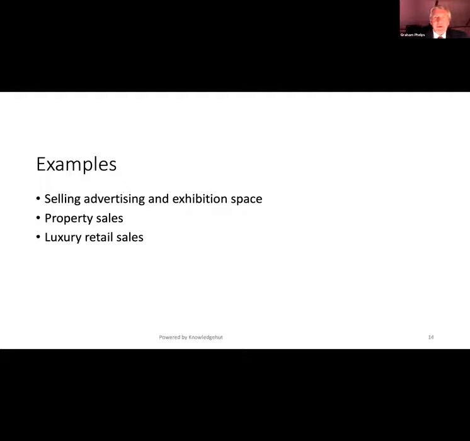And the third one is probably one we're all familiar with, luxury retail sales, where you're selling high value, high quality items to what we call in the sales business discerning consumers, people who are appreciative of quality and good service.